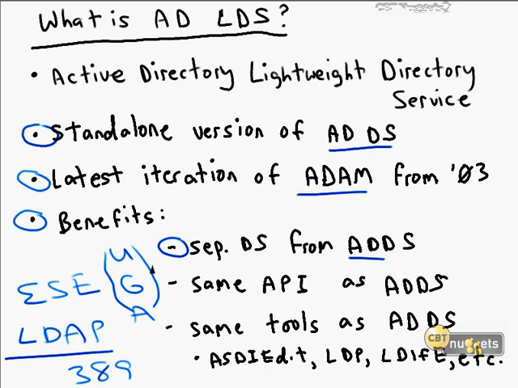And you can actually tie them together such that LDS, tied in with an application that you've got running in your environment, can use your standard domain users and groups and authenticate them and give them access to your application. You see how that works?